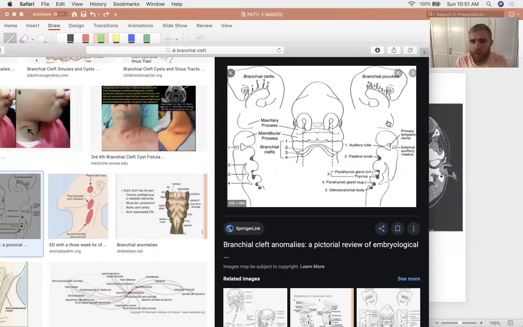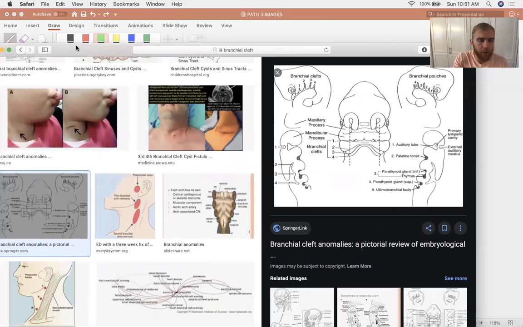The thymus and the parathyroid glands come from the third branchial pouch. And then you've got clefts 1, 2, 3, 4. And yeah, that's right, your jaw arises out of that first cleft. So these are the branchial clefts that we are referring to.